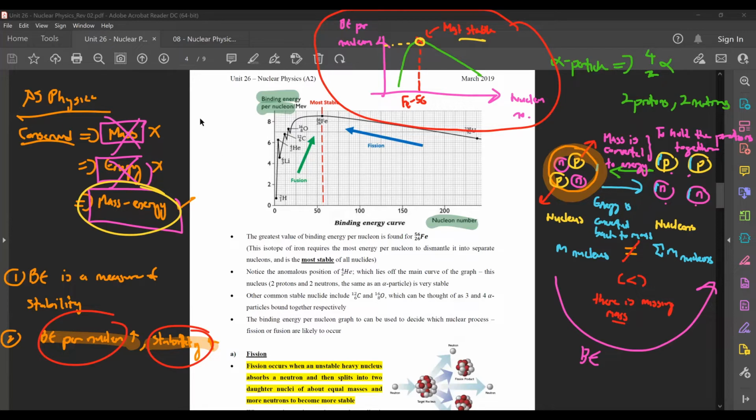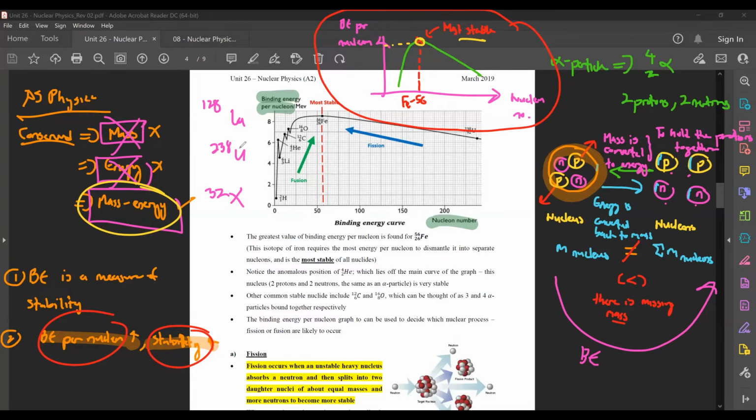If I tell you I have an element uranium 238, and then I have lanthanum 128, and then maybe some other element X 32, they'll ask you to indicate on your binding energy per nucleon graph where the positions are.